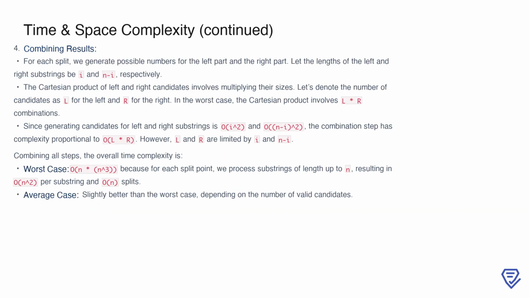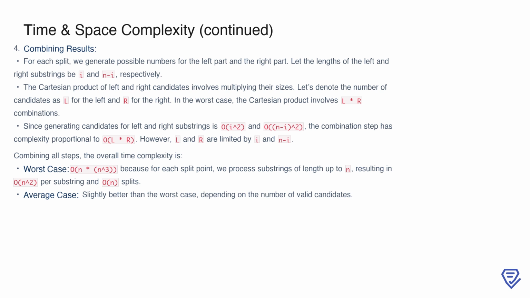Now, let's focus on the step of combining results. For each split point, we generate possible numbers for the left and right substrings. If the lengths of the left and right substrings are i and n-i, respectively, the Cartesian product of their possible candidates determines the number of combinations. Let's say there are L candidates from the left and R from the right. The Cartesian product involves L * R combinations.